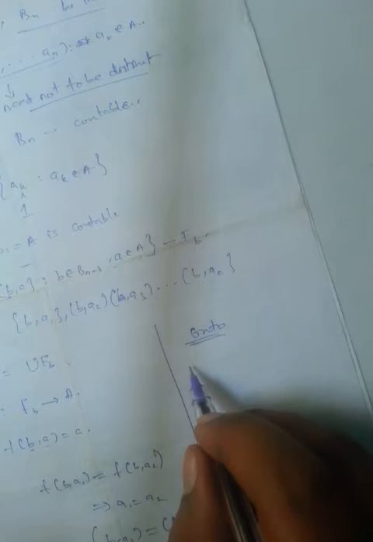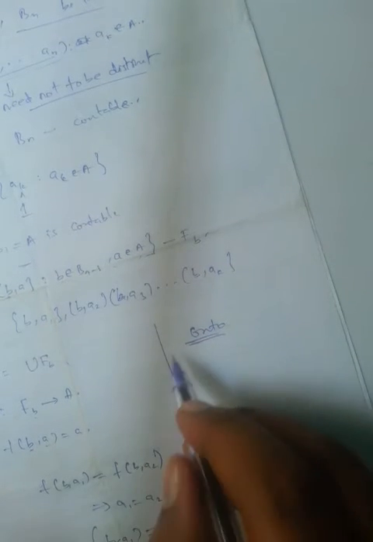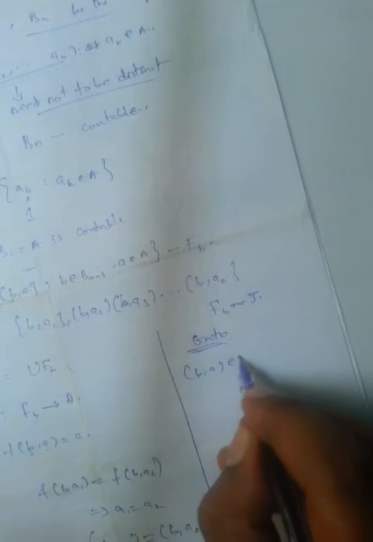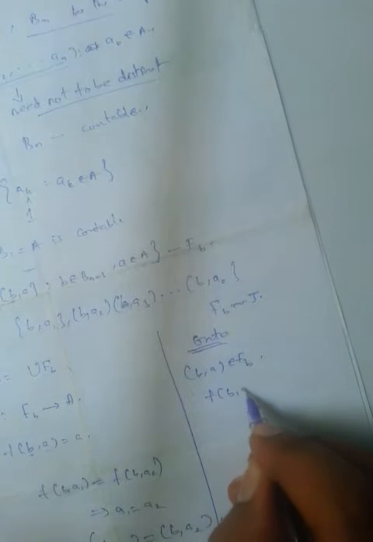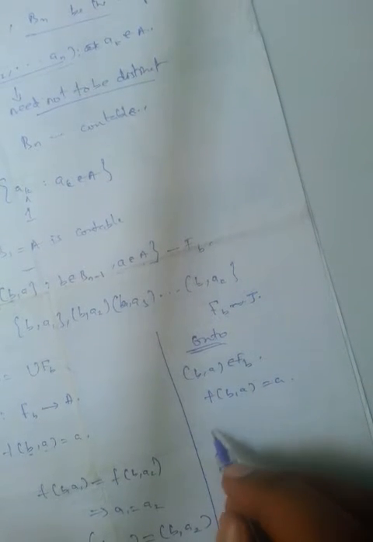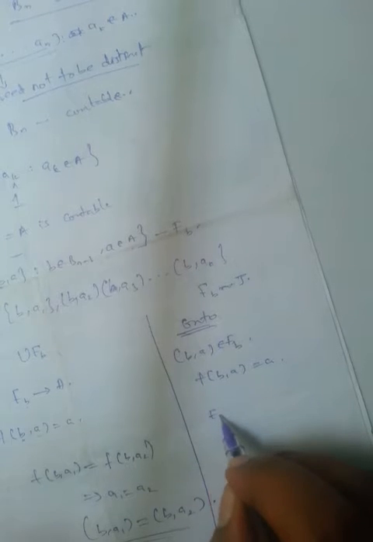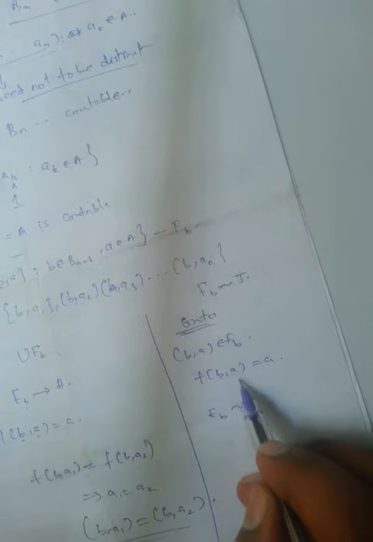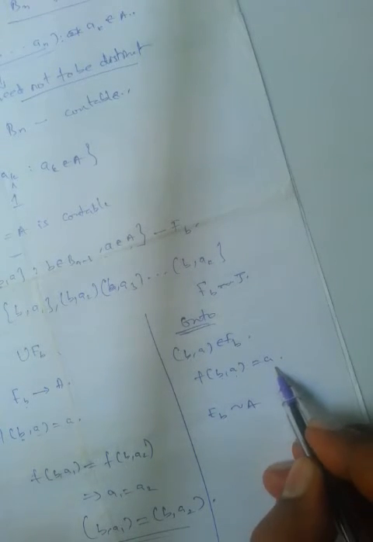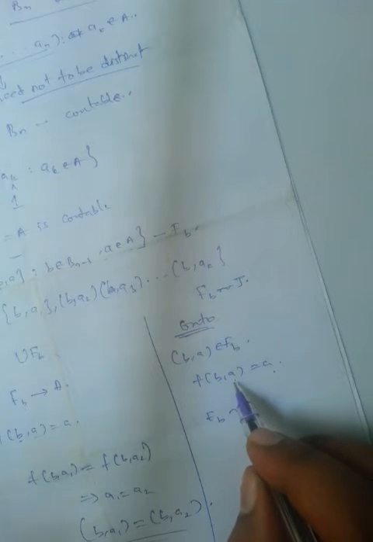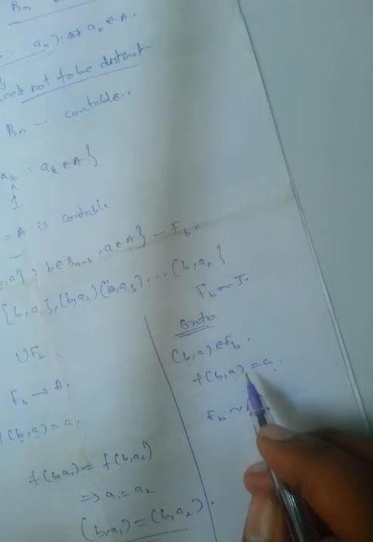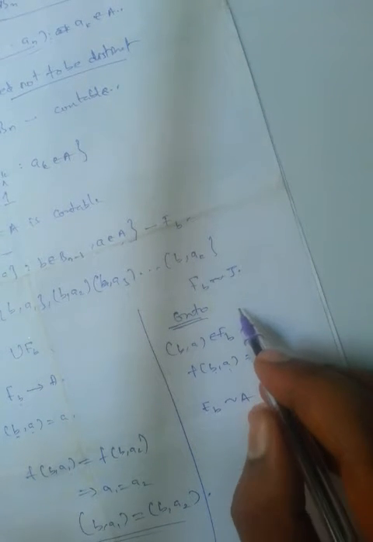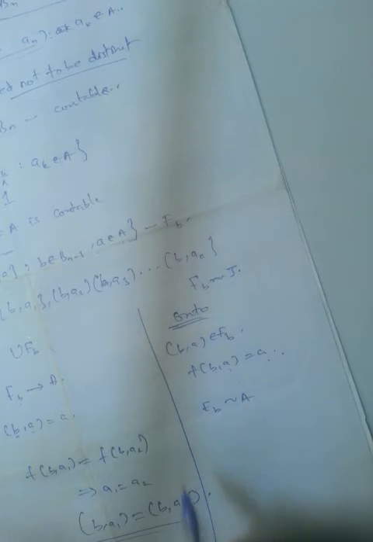Since it is a 1-1 function, we can prove onto as well. For onto, we just have to prove that the set Fb is similar to A. We know that (b, a) belongs to Fb, so f of (b, a) equals a, and we just have to prove that. Therefore Fb is similar to A, because for every (b, a1), (b, a2), (b, a3), we are getting this a. So every element in Fb is mapped to another element, so domain equals codomain.